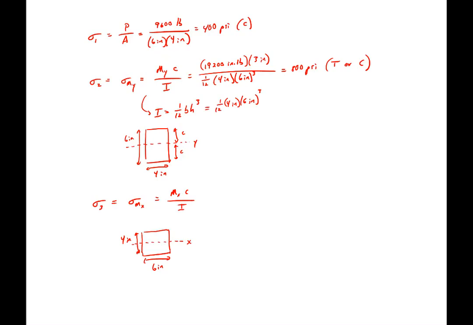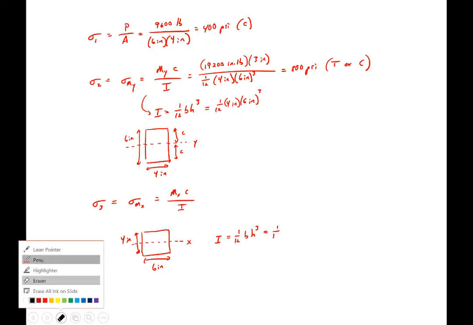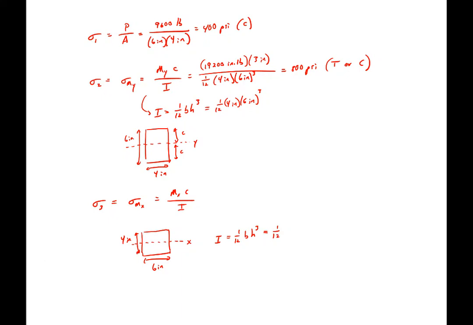So that means that my base in this case is the 6 inches. So 1/12 base times height cubed is going to be that 6 inches as the base, and then the height is the 4 inches cubed.